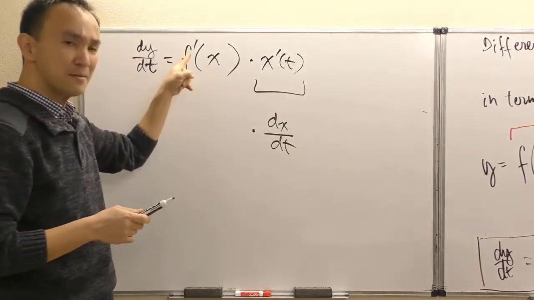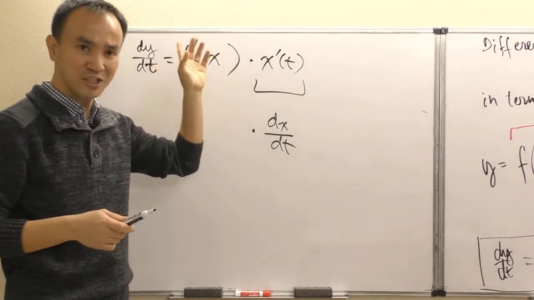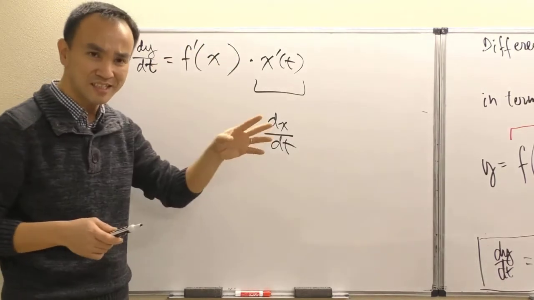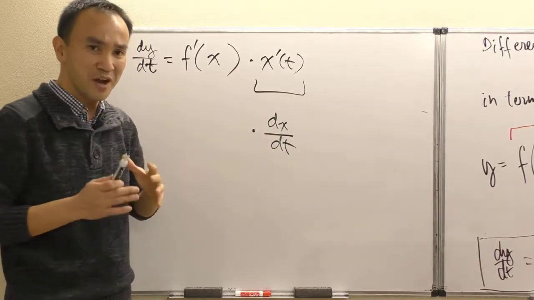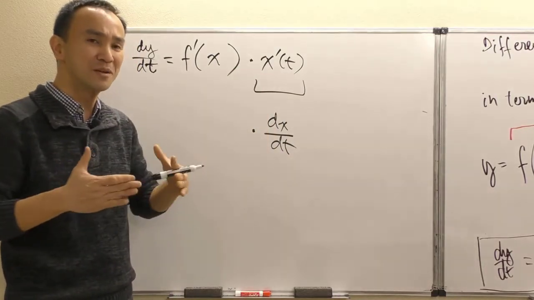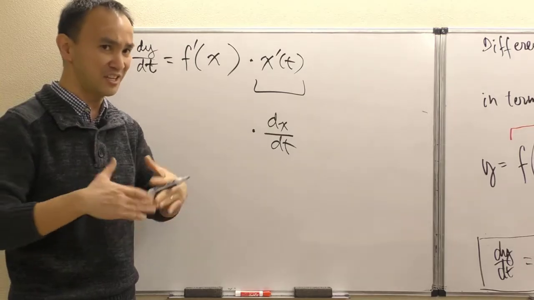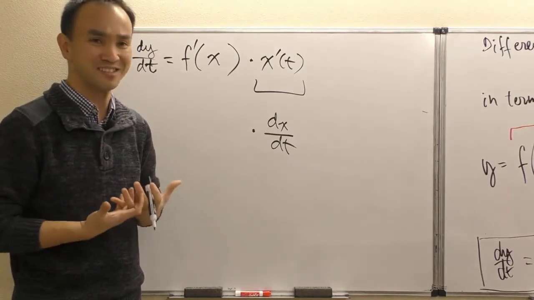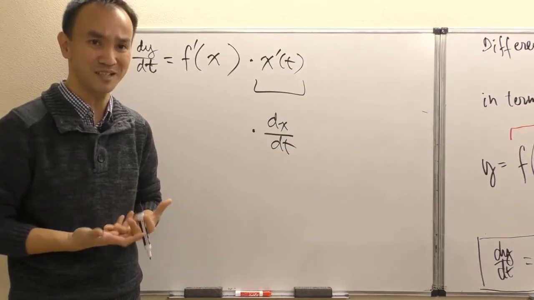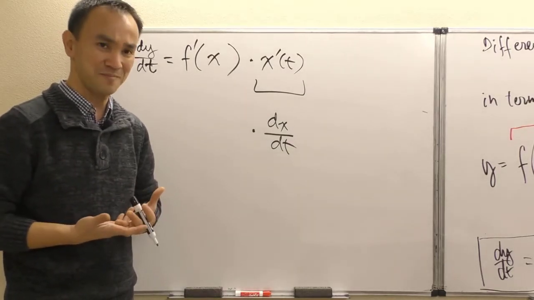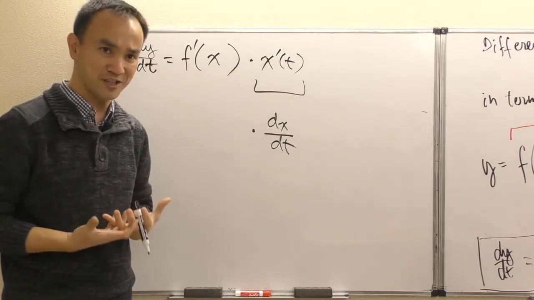Besides the prime symbol, we have the dy dx and dy dt symbols, and I also showed where they originated from. If you can use all of those symbols flexibly and interchangeably, you will reach a limitless amount of usefulness that empowers your understanding.